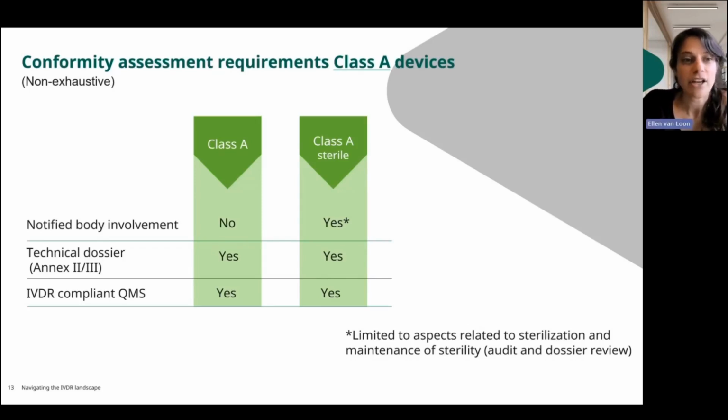In both cases, QMS and a technical dossier are necessary, and also in both cases, the QMS should be compliant to the IVDR. You can use for this a certificate for the medical QMS standard ISO 13485. This is not obligatory, however, it is recommended.